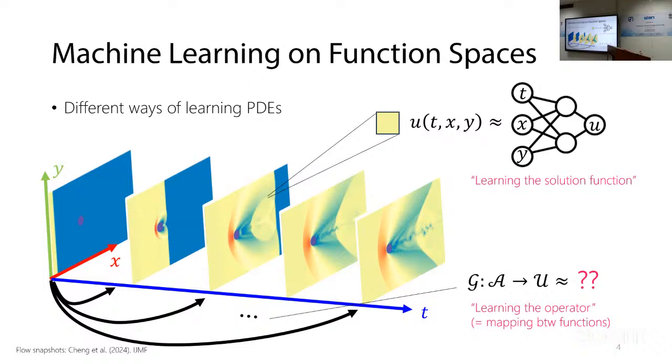One way of viewing the problem of solving a PDE is from the perspective of the solution operator. What the solution operator does is take a snapshot at time t equal to 0, which happens to be a function defined over the xy domain. You take that function, u of 0, x, y, as an input to an operator, and that solution operator will output yet another function at a different time t.